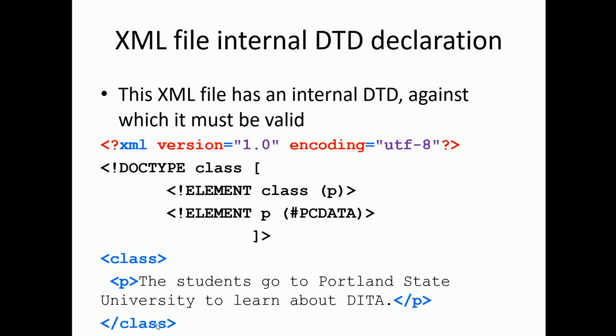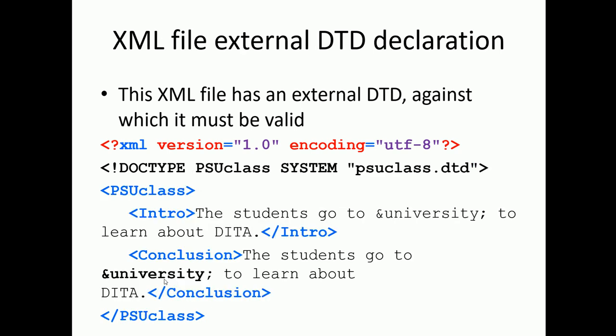The root element is class, and it has exactly one paragraph tag. And then the element paragraph is parsable character data. So this is valid because we have a start tag and an end tag, and we have a nested p tag that has text. We haven't talked about attributes or any kind of complex nesting, but this is just an example of an internal DTD.